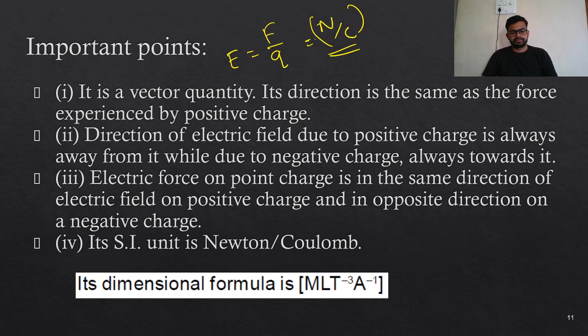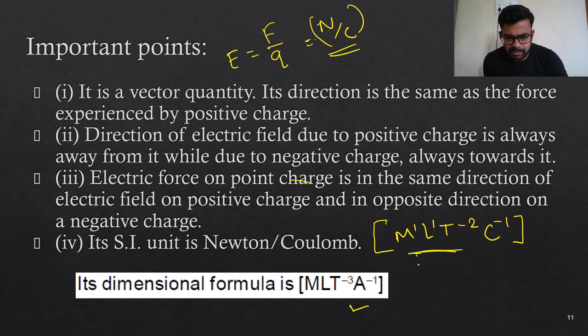Somewhere it can be written like this also: M1 L1 T minus 2, which is force, per Coulomb, so it will be written as C inverse. This formula you may also get in the options. You know 1 Coulomb is what?